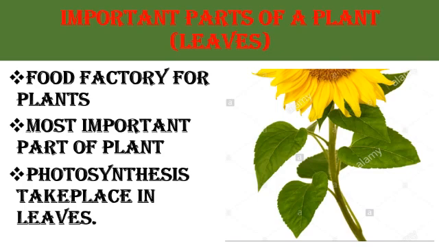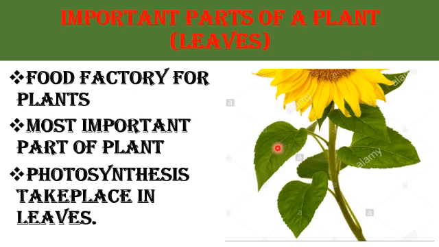Photosynthesis takes place in leaves. Leaves are most important part of a plant because plants prepare their food by the help of green leaves. During the photosynthesis process plants can make their own food.